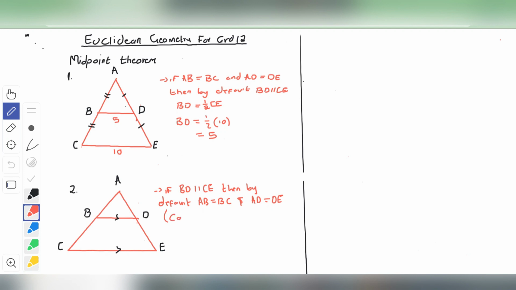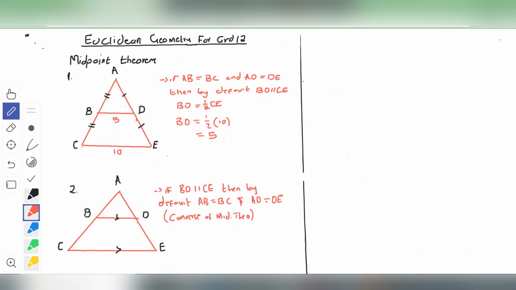the converse of the midpoint theorem. Yeah, mostly they write it like this. It's the converse of the midpoint theorem.